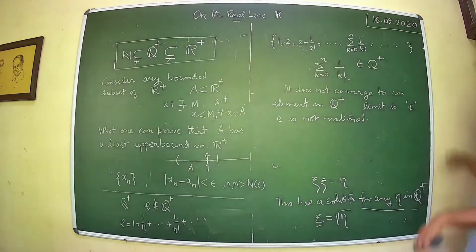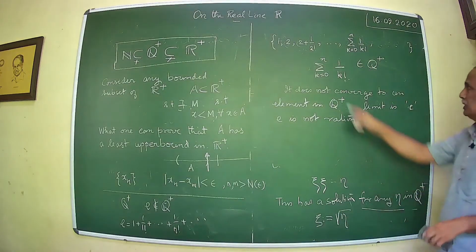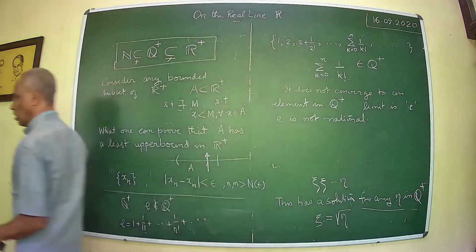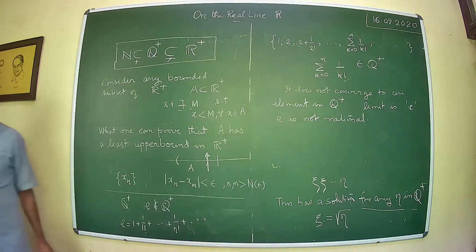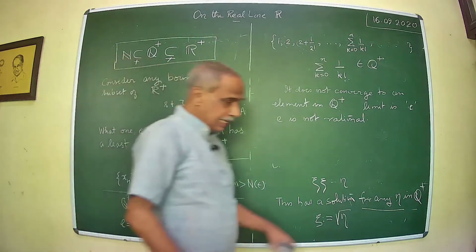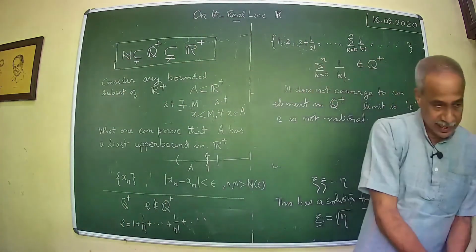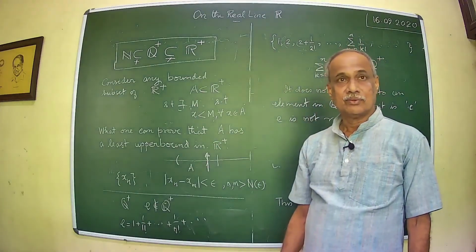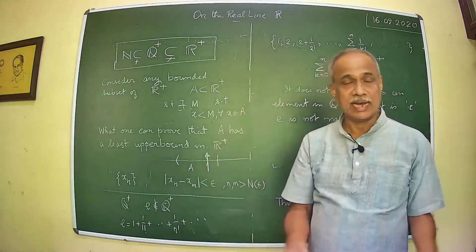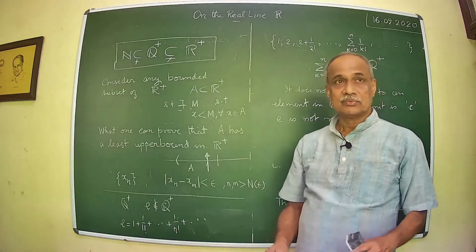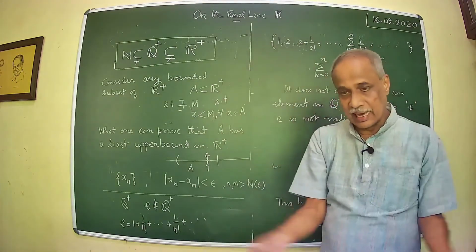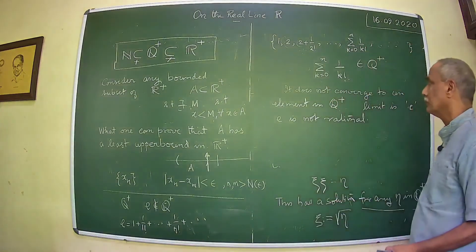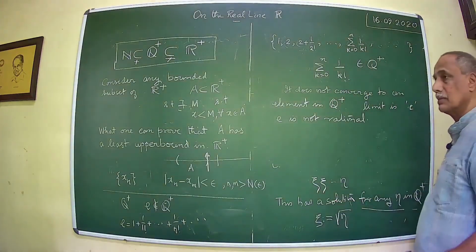So such numbers have to be captured. You can capture them through the insistence that all Cauchy sequences of rational numbers converge. So you embed Q plus in a larger class of objects with the property that in the larger class all Cauchy sequences of rational numbers do converge.